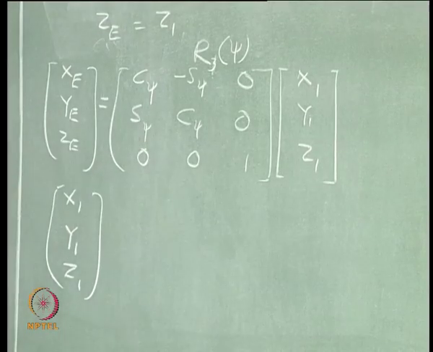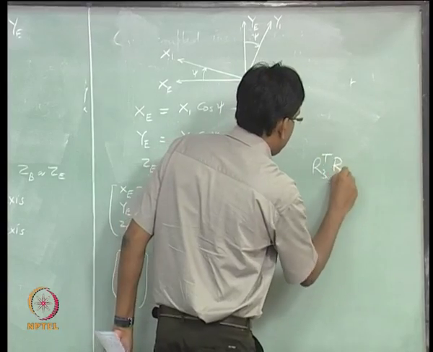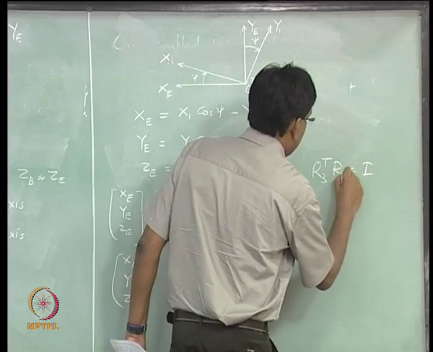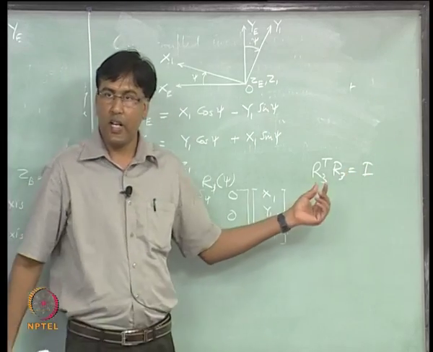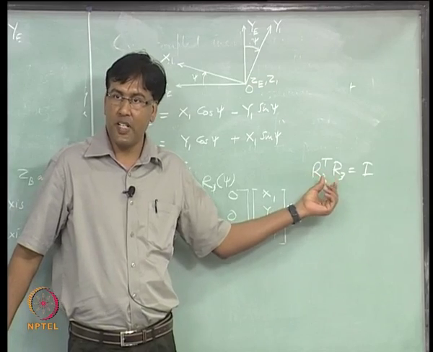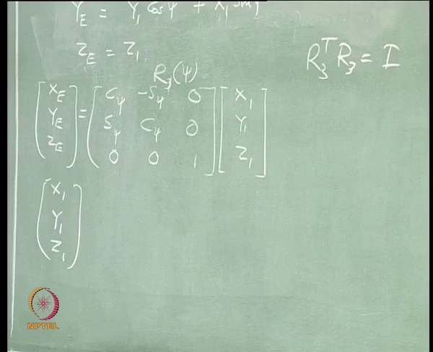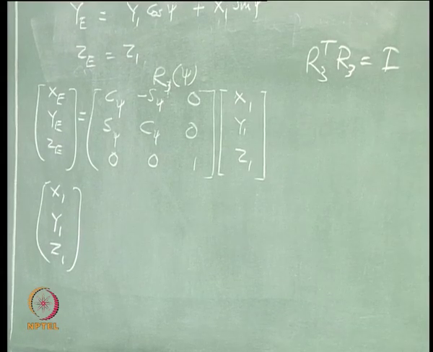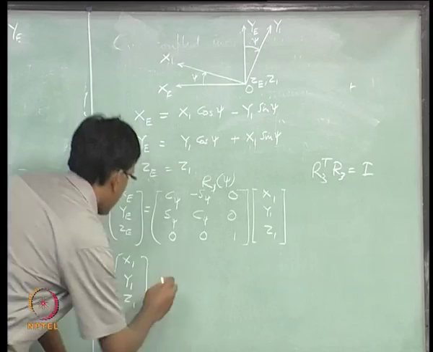So this matrix has a very interesting property, and that property is this. Right, the transpose of this matrix multiplied by this matrix is the identity matrix, right, and that is the orthogonality property of this matrix.